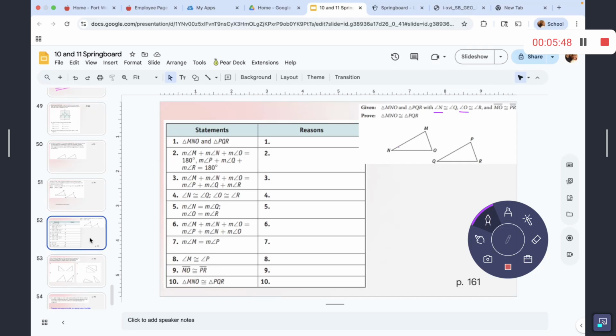So we have N, O, and then MO. So we have enough to prove it, but we're going to be proving it a different way. As a matter of fact, I will let you know that we're going to prove this triangle through ASA. Okay, so I want you to pause the video before you go to the next one, and I want you to complete as much of this as possible.